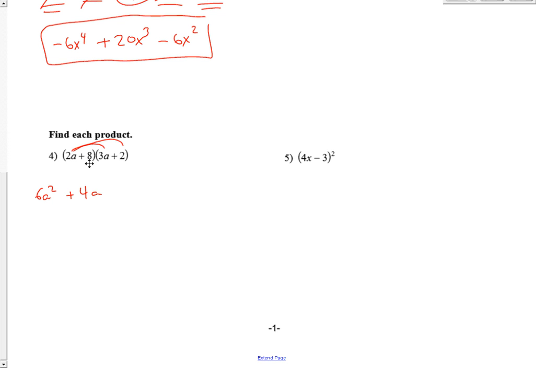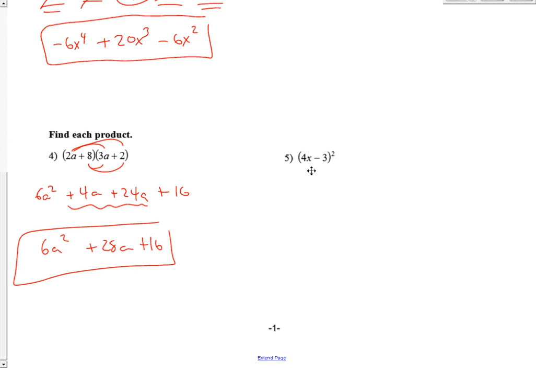Then I move on to the 8, and 8 times 3a is positive 24a, and 8 times 2 is positive 16. Now I look at my like terms here in the middle. I have 4a plus 24a, which is 28a. So I get 6a squared plus 28a plus 16.